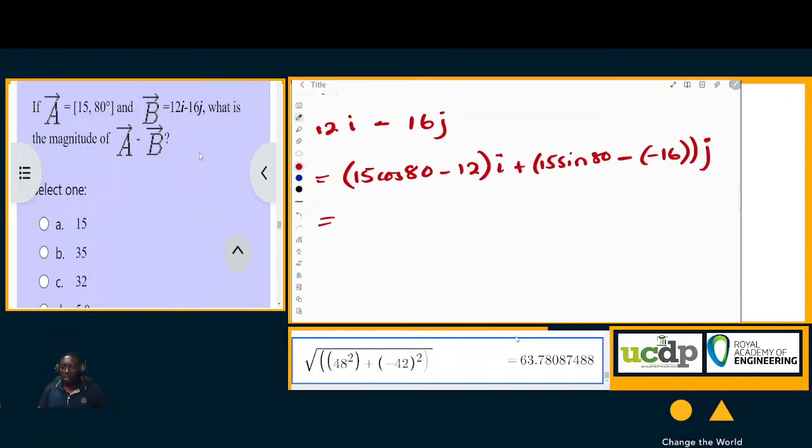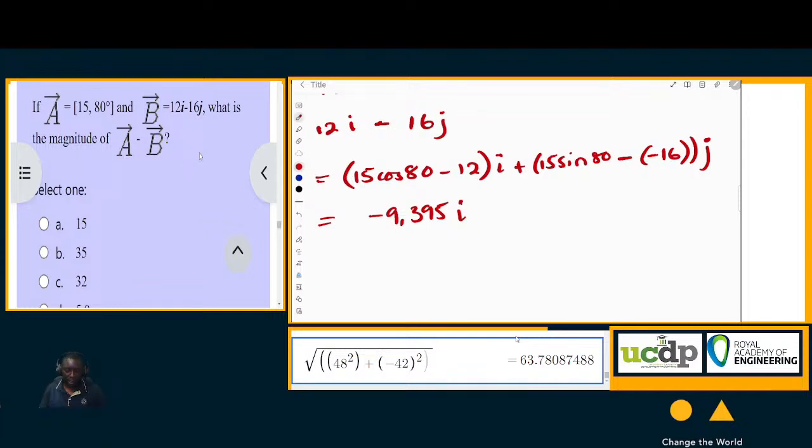So just do the quick calculation of the parts in brackets. 15 cos 80 gives us 2.604, and from it we subtract minus 12. We have minus 9.395 i.